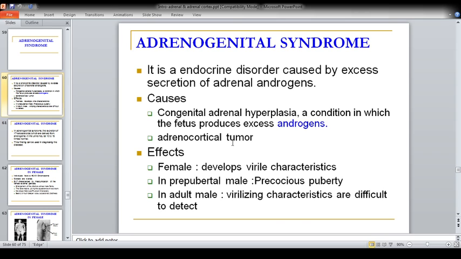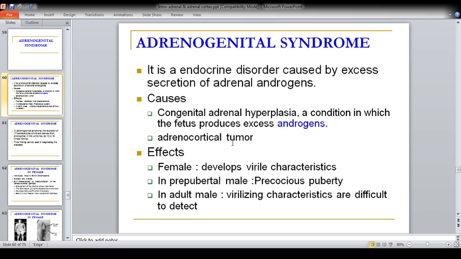But the cells which can multiply freely still have a limit. When the normal number is achieved, there are controlling mechanisms in our body that stop the multiplication from going any further. That means the cells would not exceed a certain limit.